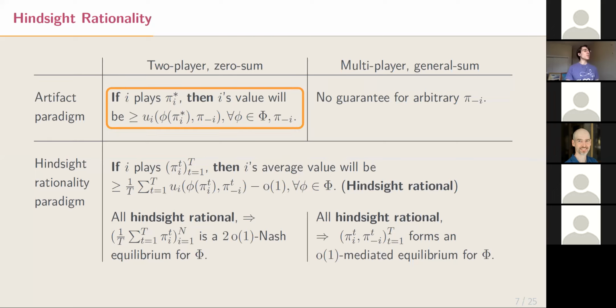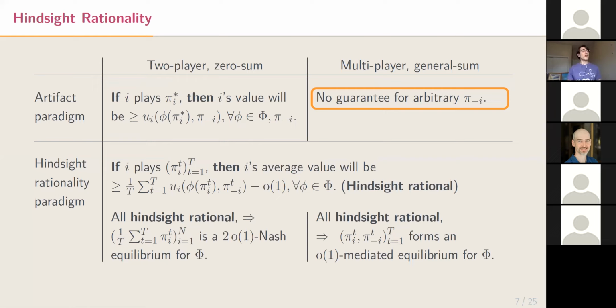So in two-player zero-sum games, the equilibrium paradigm gives us this nice result that says that if some player i plays an equilibrium strategy, then player i's value will be at least as large as they could have gotten had they applied some deviation function phi against any possible opponent strategy.